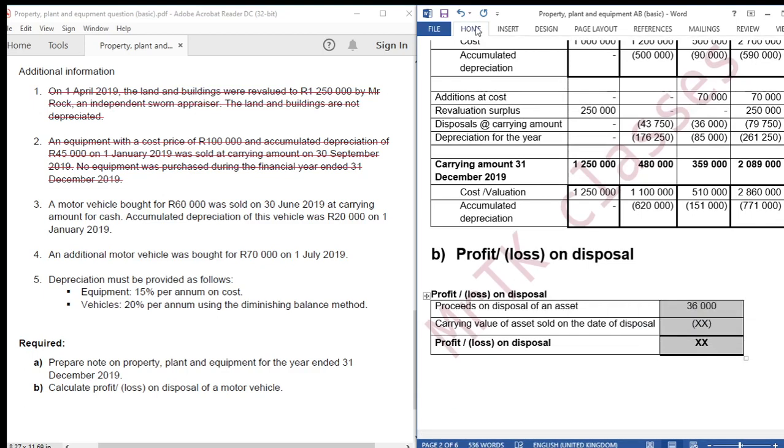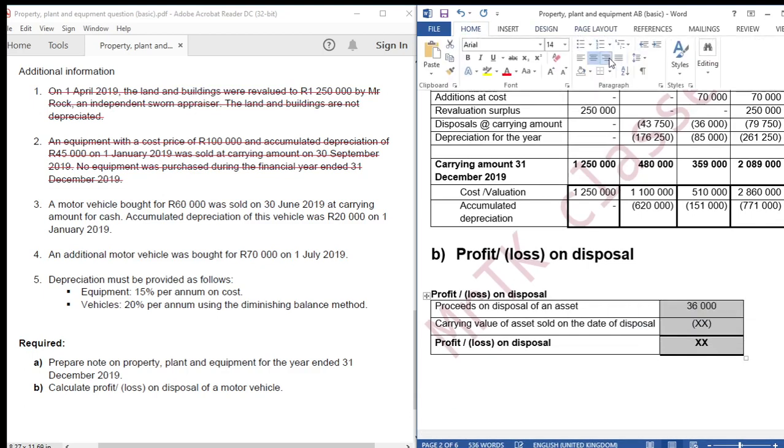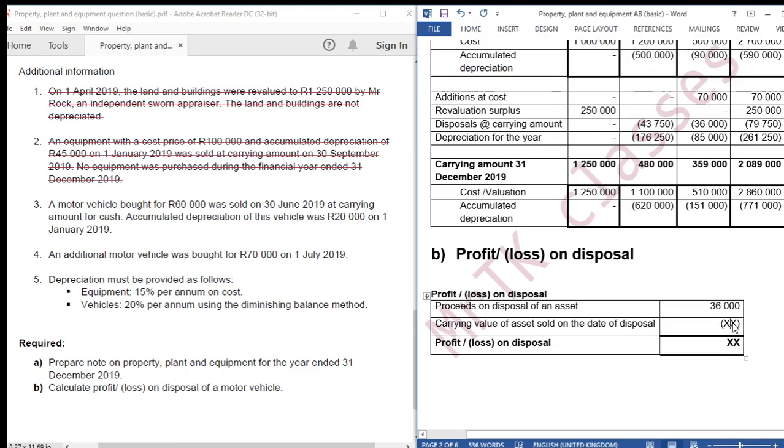This is the carrying amount. Carrying amount of vehicle sold, 36,000. So this will be 0.